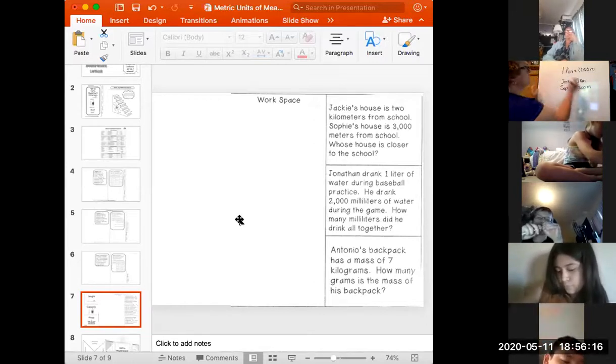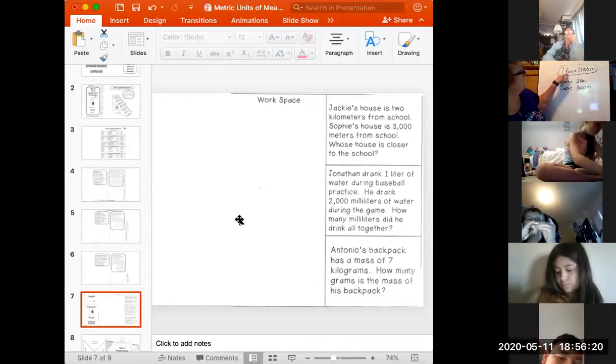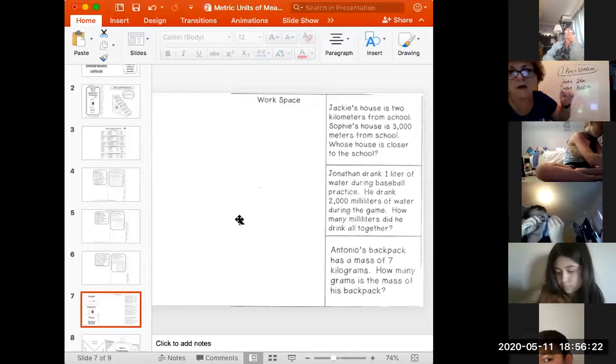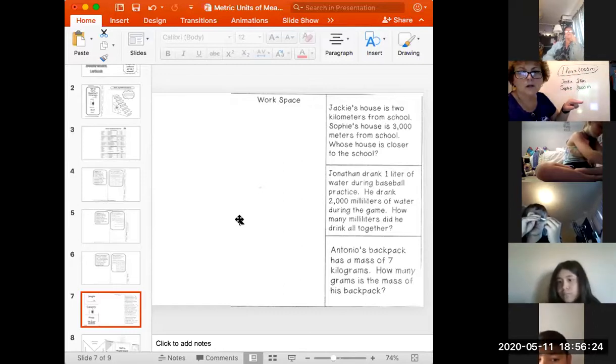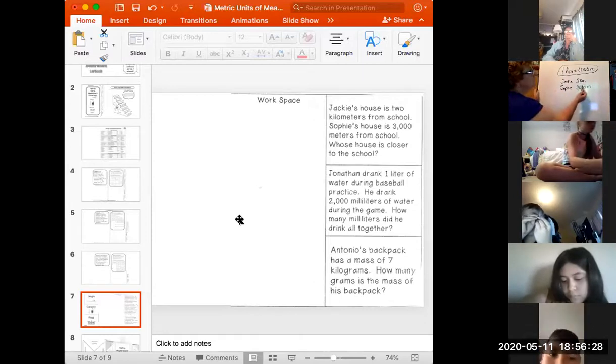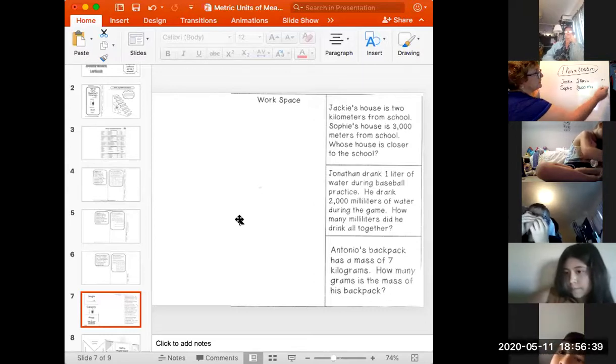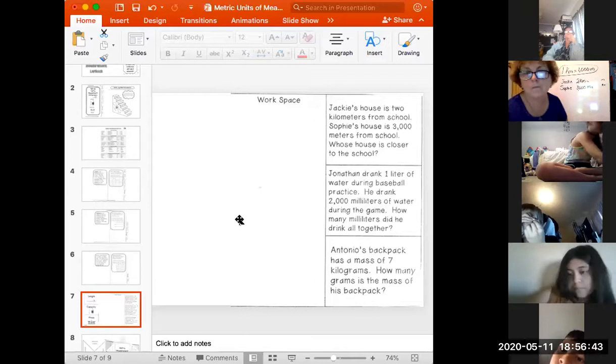All right? Using this conversion right here, 1 kilometer equals 1,000 meters. All right? You can work this out one of 2 ways. You can either convert 2 kilometers to meters, or you can convert 3,000 meters to kilometers and compare them.